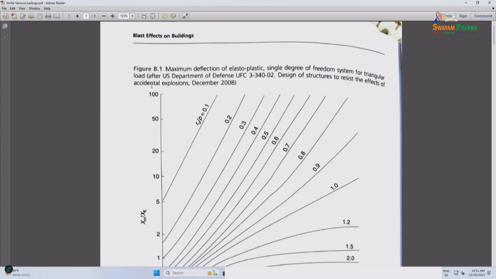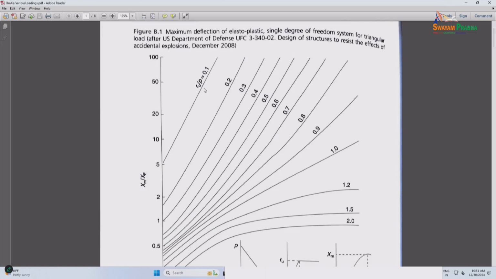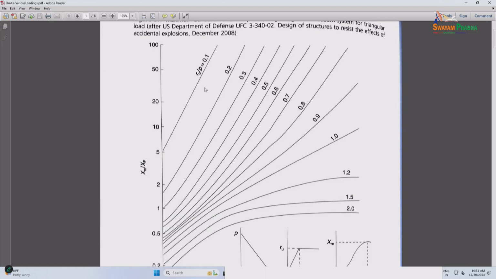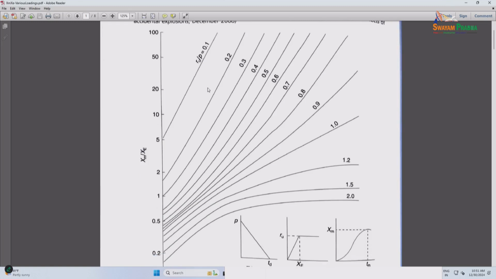This is the maximum deflection of elastoplastic single degree of freedom system for triangle load after the UFC 3-340-02. So you should find it in the UFCs also. So XM by XE, I think during the break or lunchtime I'll look at which curve it is and let you know. If one of you finds out, let me know.